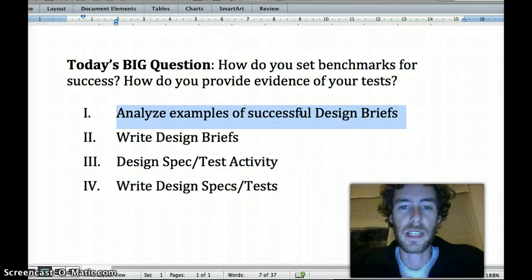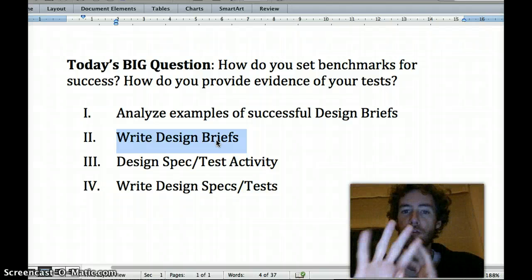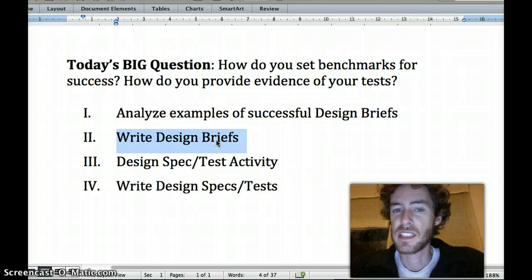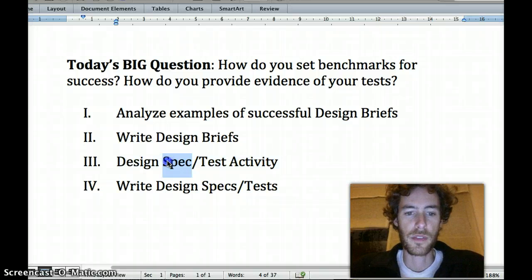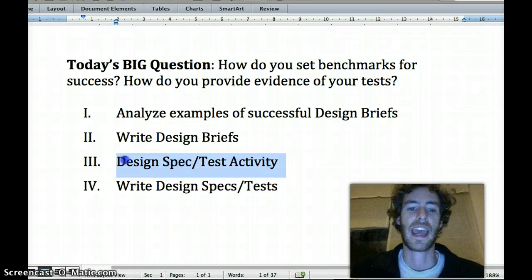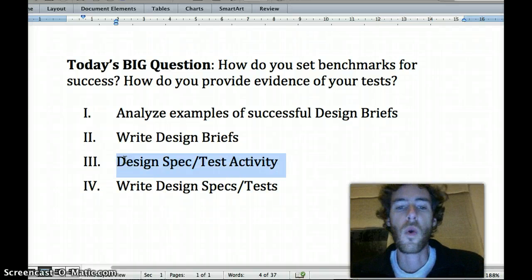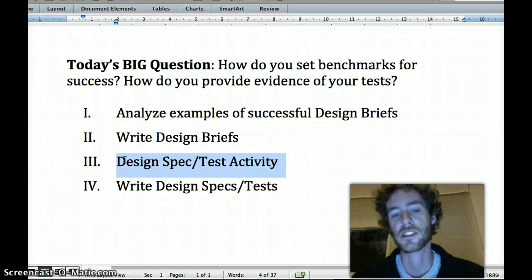And then once we take a look at some examples, I'm actually going to give you probably about 20 minutes or so to write a design brief for your own project. Remember, this is maybe 4 sentences, 5 sentences max. It shouldn't take all that much time at all. You're very practiced at it after 8th grade. And then after that, we're going to do a design test activity where we will analyze a product and see if we can come up with some design specifications for it, and then some tests.